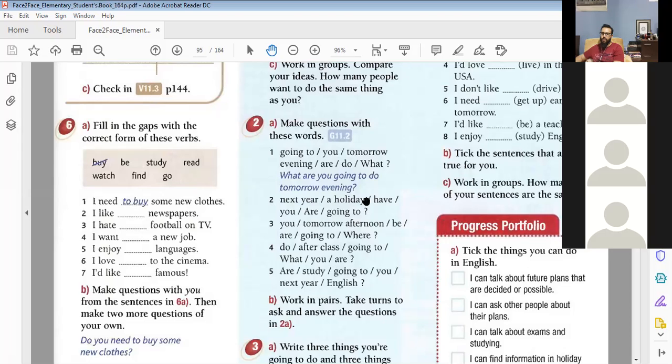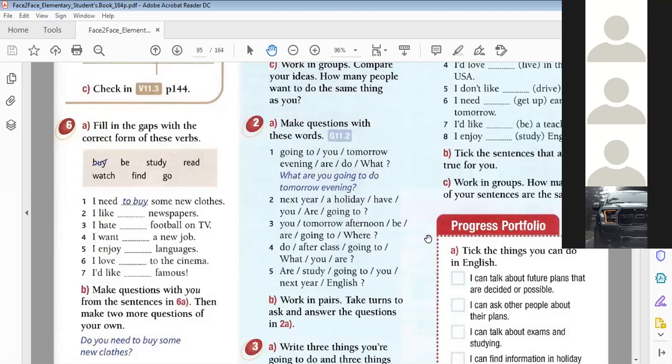Okay, Abdullah, can you do number 2? Are you going to have a holiday next year? Very good. Very nice. Great. Okay, Hannah, can you do number 4, please?